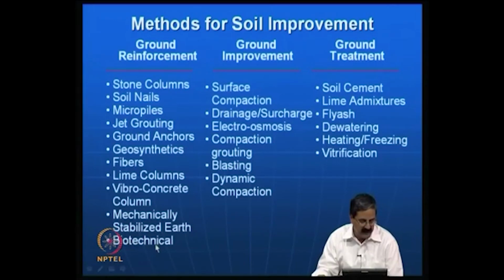Now, even biotechnical stabilization. In fact, the slopes are getting eroded. So, what do we do? We just use some grass on the slopes which have erosion, and then the slope profile will not get eroded.